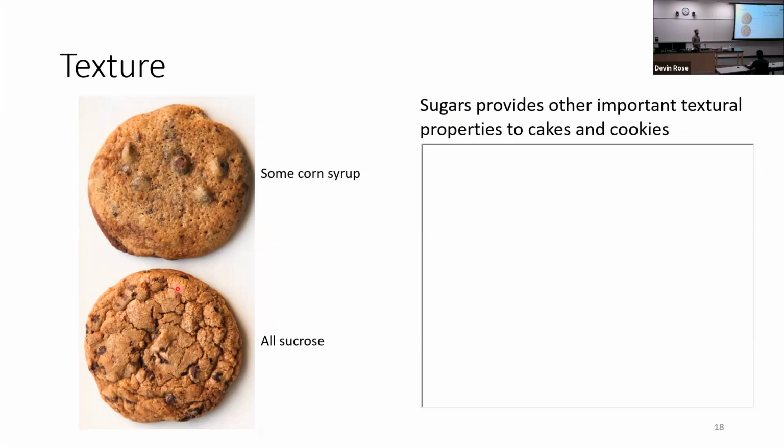So sucrose, one thing that it does is it tends to cause these surface cracks. And that's because the cracks are caused because that surface dries out before the cookie is actually done spreading. And so then you get all these cracks.